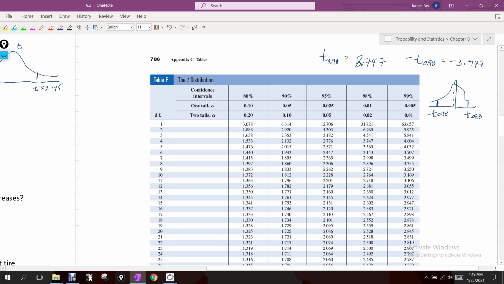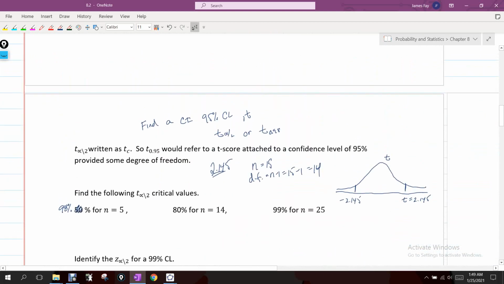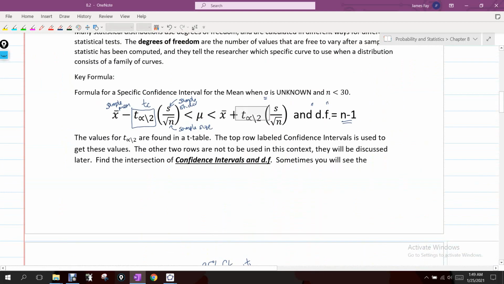And what basically we can argue is that this is symmetric. So once you find that one to the right, you automatically know the one to the left. So this 3.747 number would actually be the one that goes there in our confidence interval, and the negative one will go there.